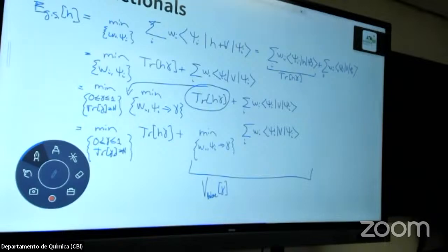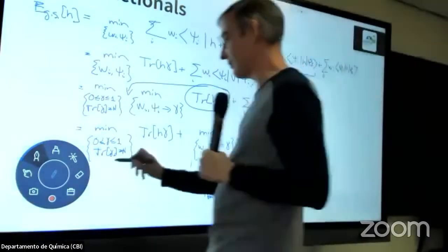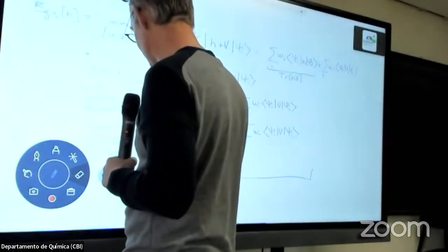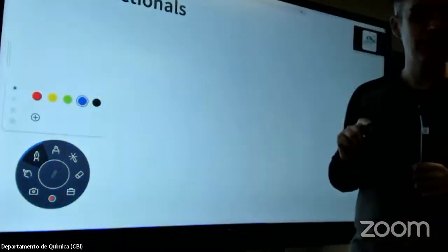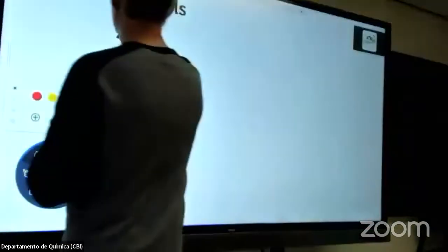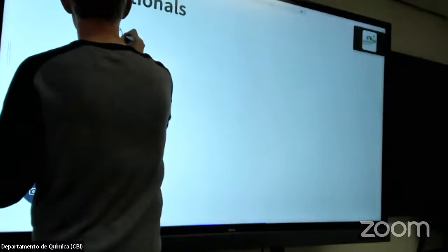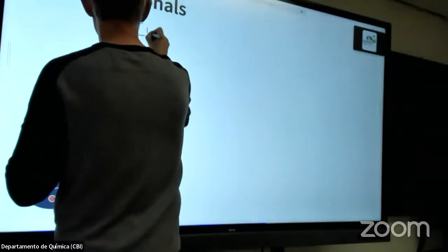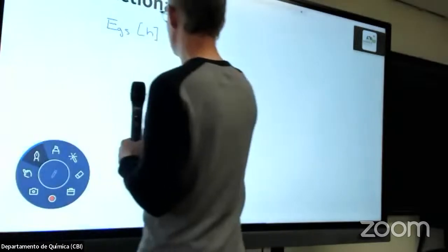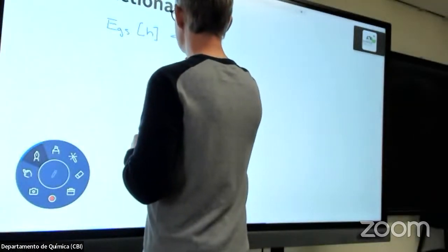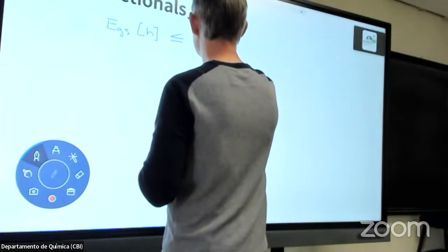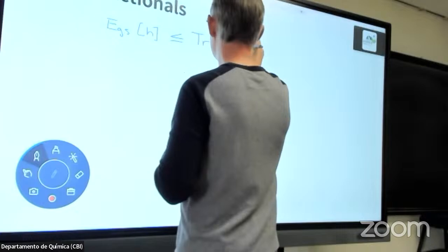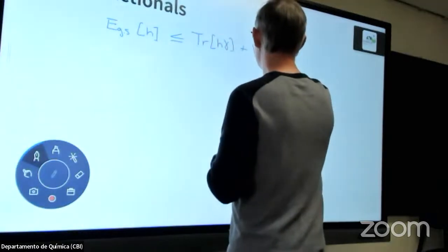Okay, the other thing I want to say now is let's go back, and I'm going to show you the other form of the functional. I told you that the ground state energy for some system H is less than or equal to the trace of H gamma plus V of gamma.